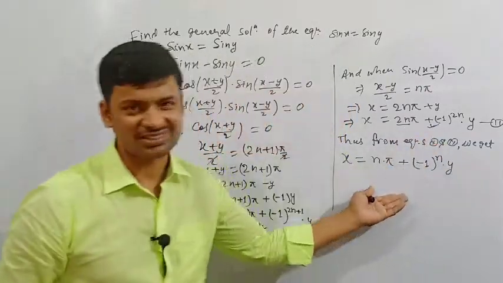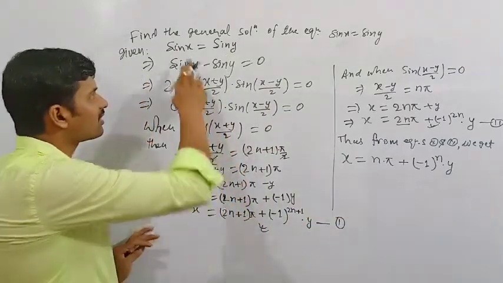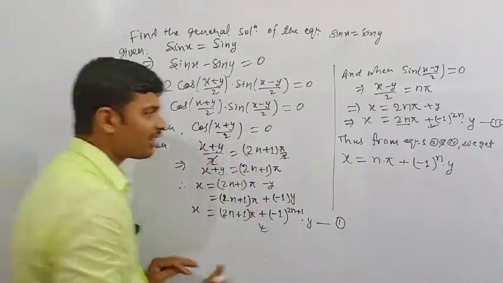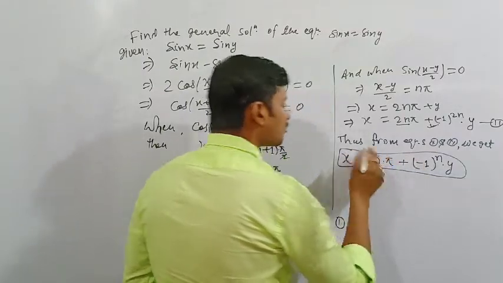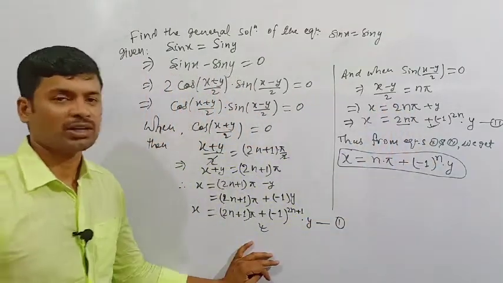So this is the general solution of the equation sin x equals sin y: x is equal to n pi plus minus 1 raised to the power n into y.